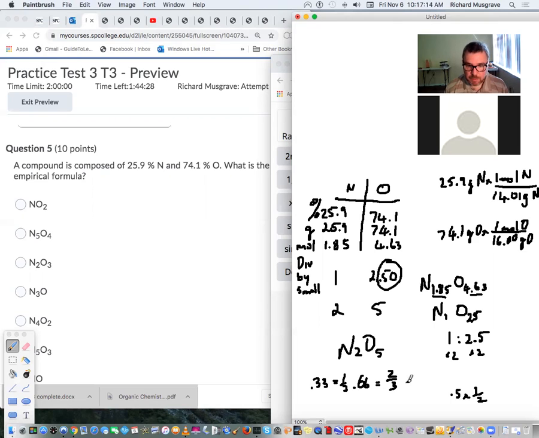So those would be multiplied by 3. And then the other ones, 0.25 is 1/4, and 0.75 is 3/4. And both of those will be multiplied by 4 in the end.